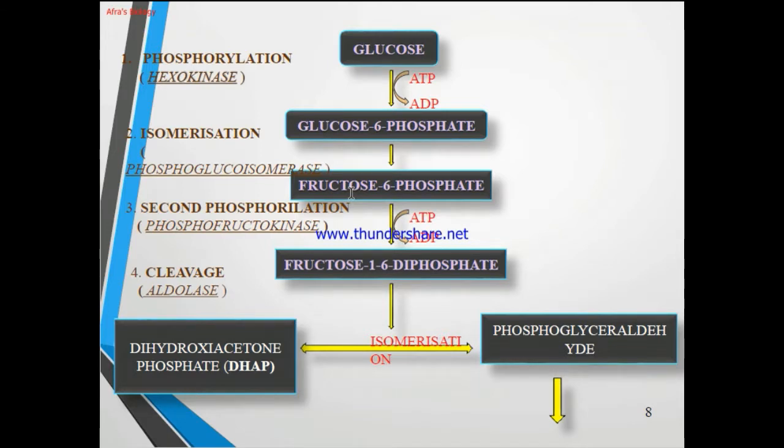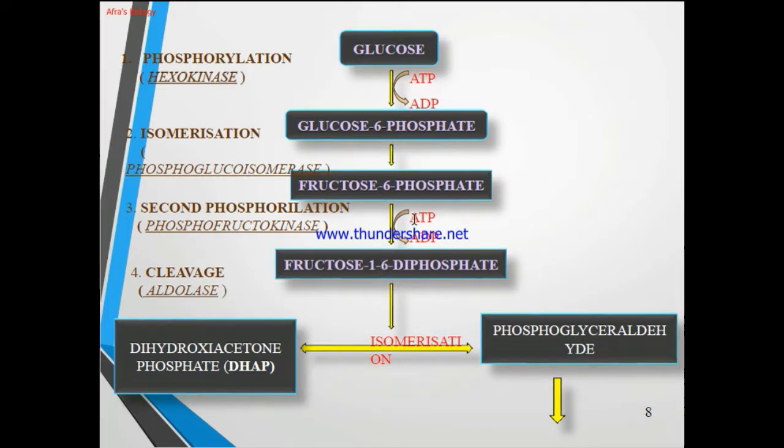The next one we call the second phosphorylation. Remember one thing, there are 2 phosphorylations that take place inside glycolysis. In the first step, glucose is converted to glucose 6-phosphate. In the second phosphorylation, fructose 6-phosphate is converted into fructose 1,6-diphosphate, or sometimes we call it bisphosphate.